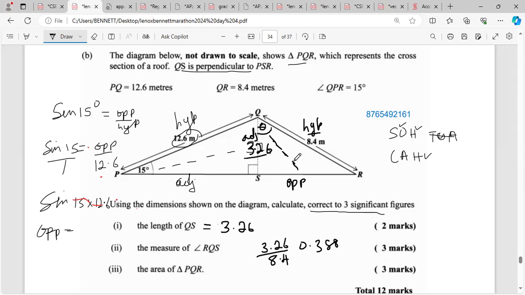This is also a right angle. And of course, this will be the adjacent. Adjacent actually means beside. So it's the length beside the angle. So this is my adjacent. I'm going to use adjacent and hypotenuse. Only cos can give me that. So I'm going to set up a fraction. So it's going to be 3.26 divided by 8.4.